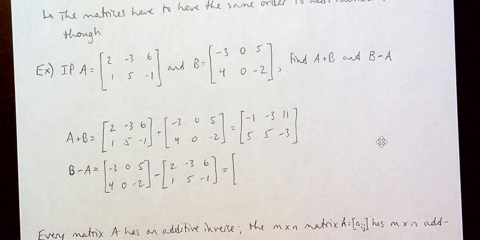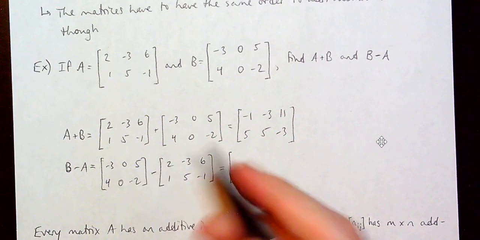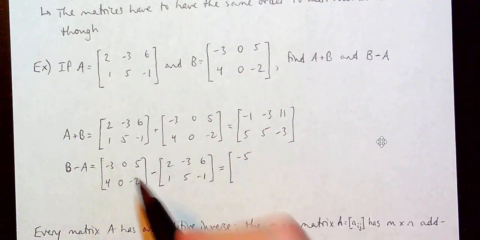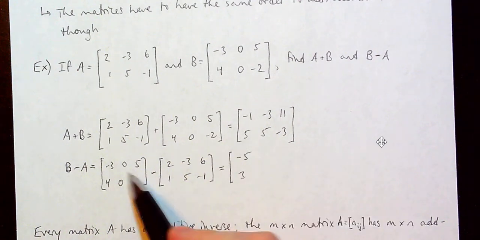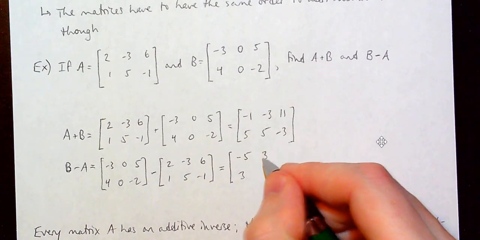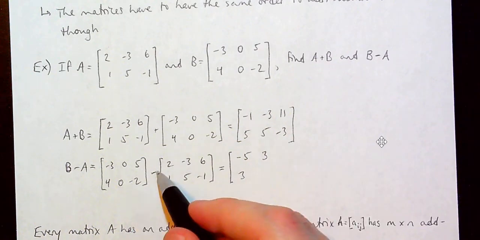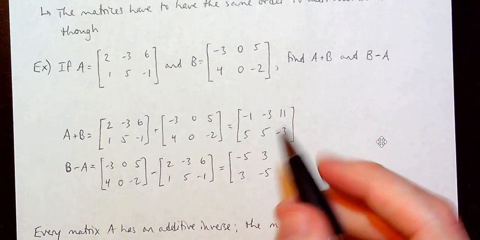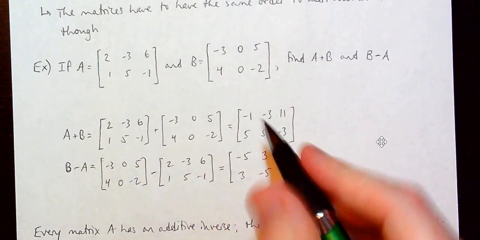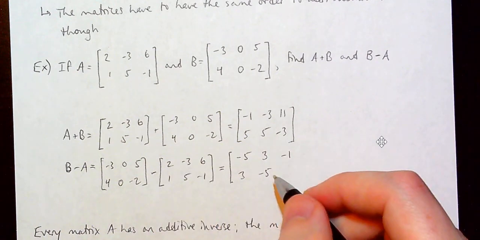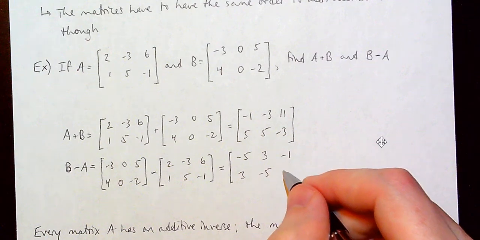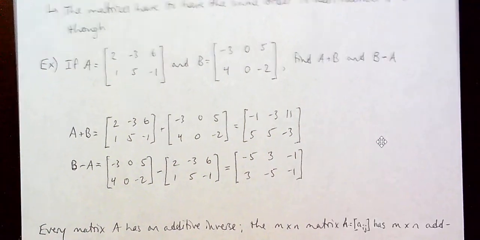All right, so again, I'm just going to add or subtract corresponding elements here. -3 minus 2, -5. 4 minus 1, 3. 0 minus the -3 is a +3. 0 minus the 5, -5. 5 minus the 6, -1. -2 minus -1, which is -2 plus 1, which is a -1.